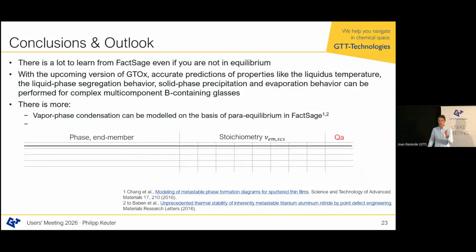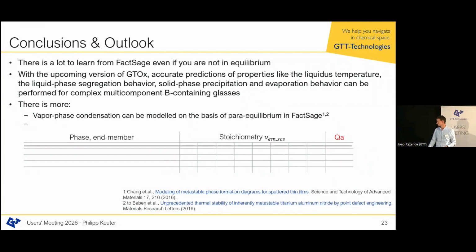Then there's more. One thing I haven't even discussed, but I want you to be aware of: for the thin film lovers among us, vapor phase condensation can also be modeled, with the para-equilibrium, which is a different setting in Equilib, and in these scenarios this gives very interesting results.